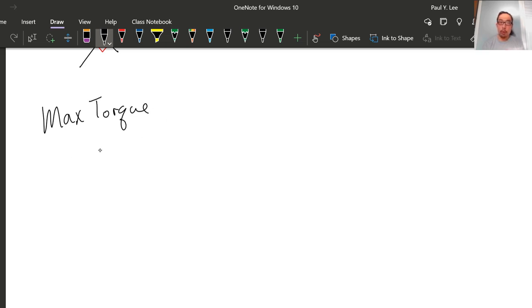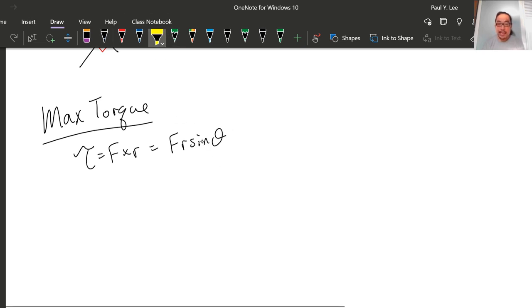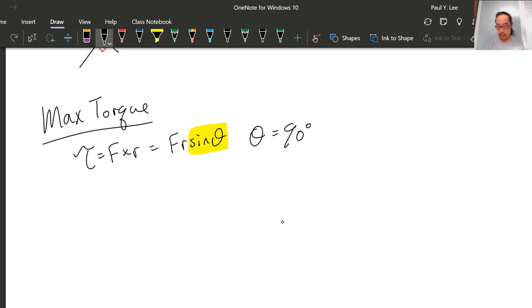So in order for us to have maximum torque, I'm going to write down the formula as a whole, F r sine theta. It's this sine theta that's important. What that means is that we have maximum torque when our angle is at 90 degrees. And the important thing about the two vectors that are at 90 degrees, your force vector and your radial distance vector, must be at 90 degrees.